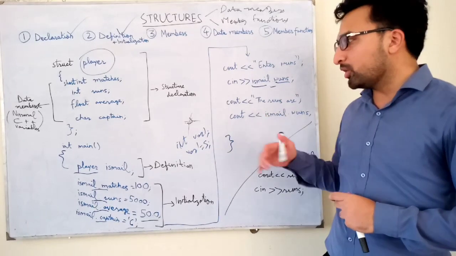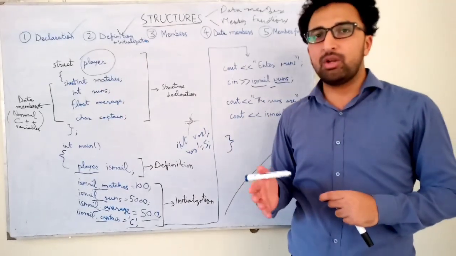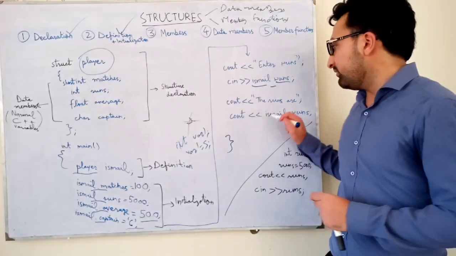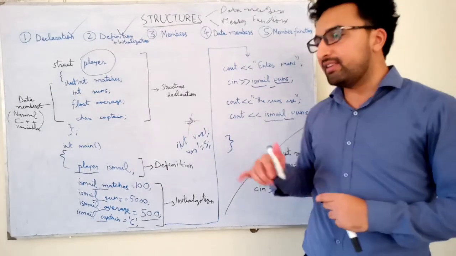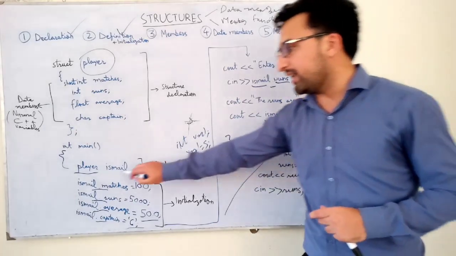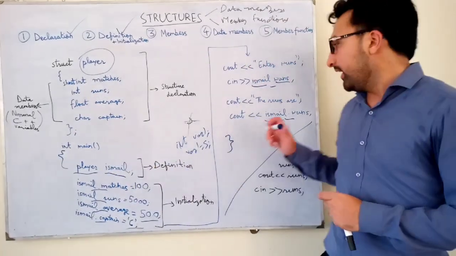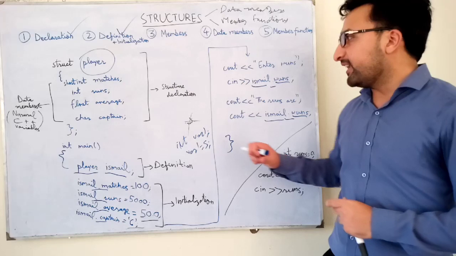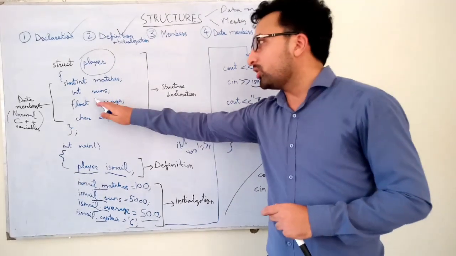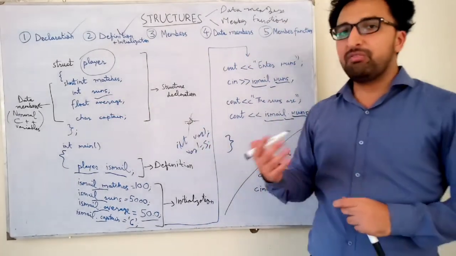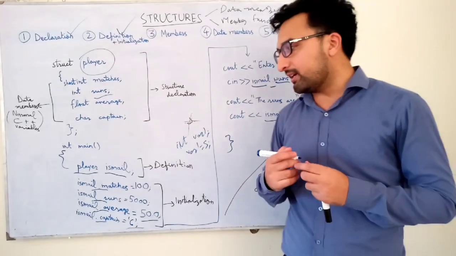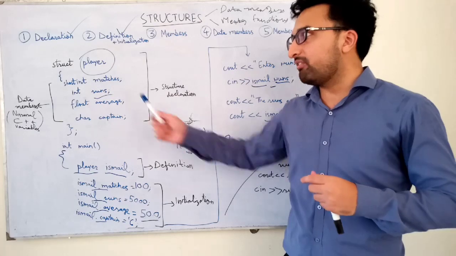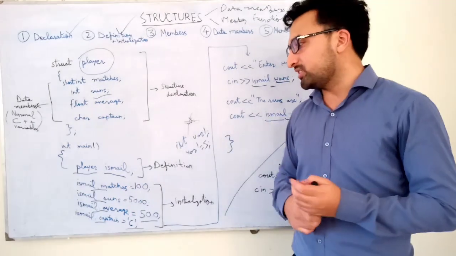Similarly, if we want to output the result stored in that variable inside the structure, we will need to use the dot operator, and before the dot operator will come the instance of that particular structure, and after that the variable which we want to access. So these dot operators allow us to access the variables inside the structures.